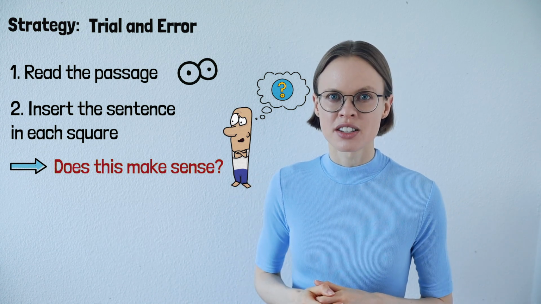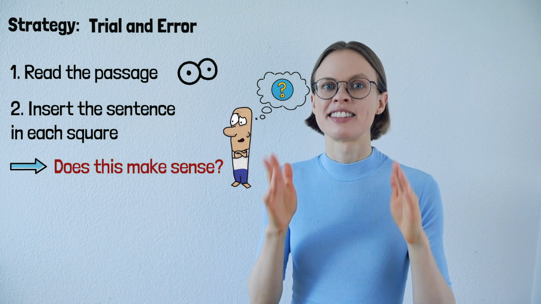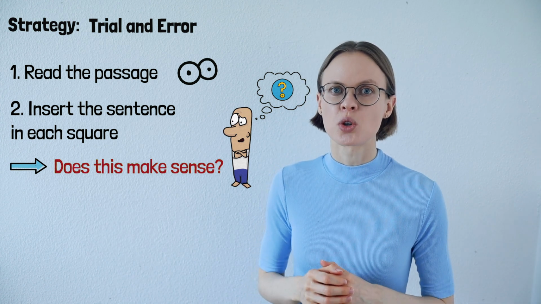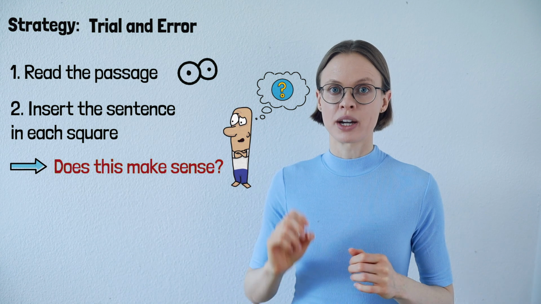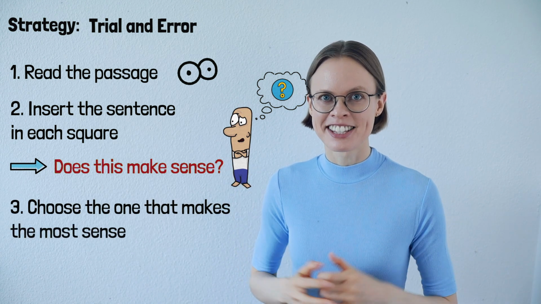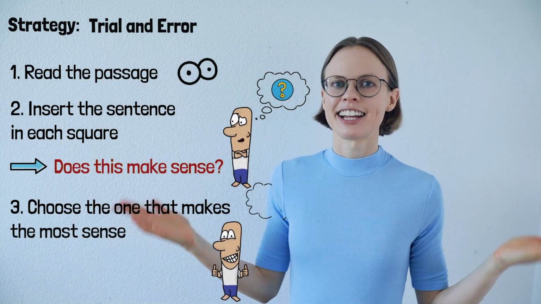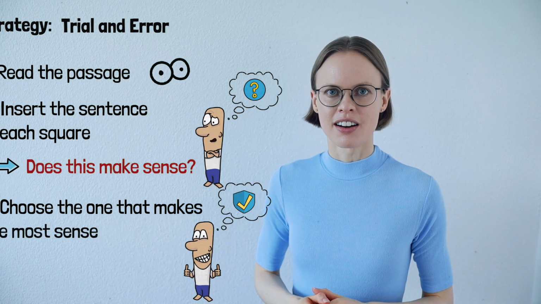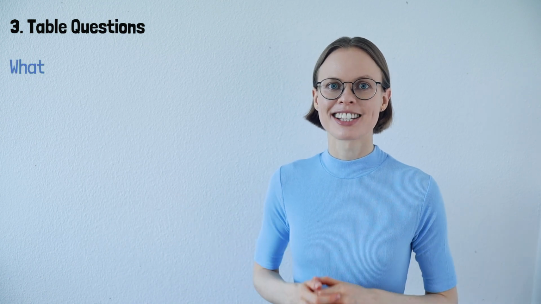And the question asks you, where does this sentence best fit? So that's why you should always try out all squares in order to make sure that you find the best place for your sentence. Let's get to the last question type, table questions. What do table questions look like?